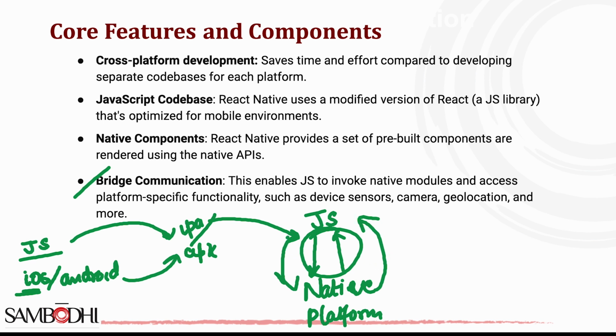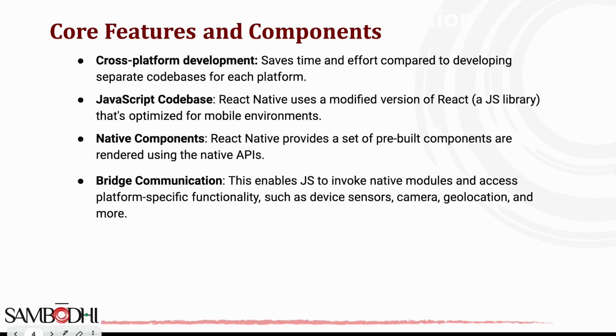So here comes the role of the bridge. Now this bridge had some complications. Let's take an example. Suppose there is a text input and we are entering card details.